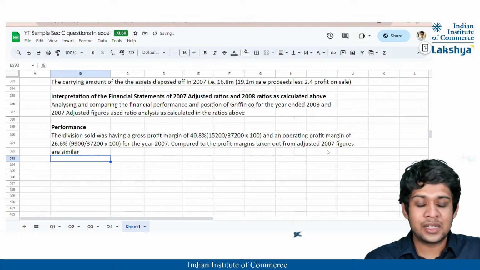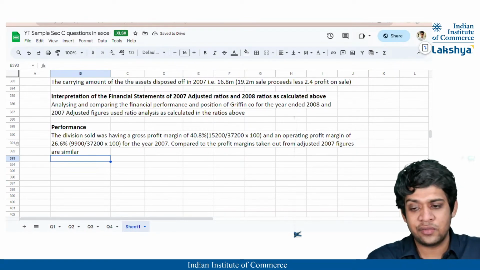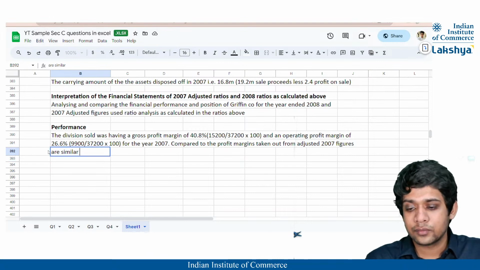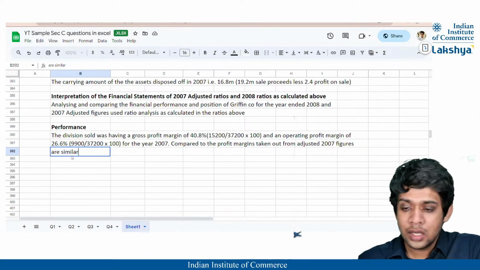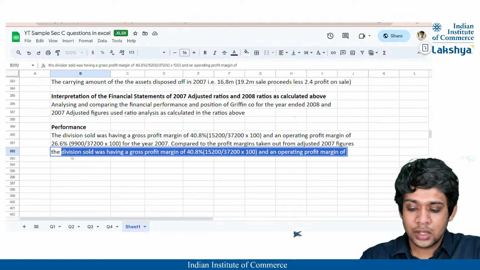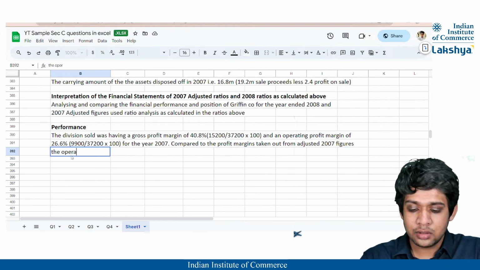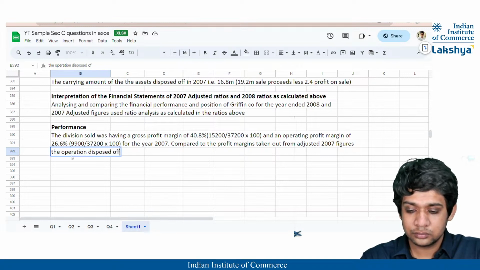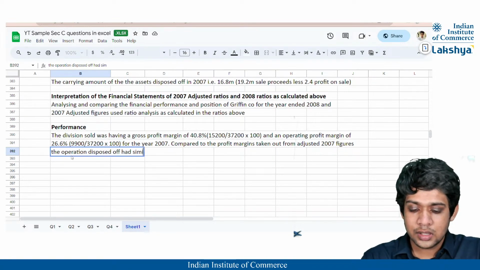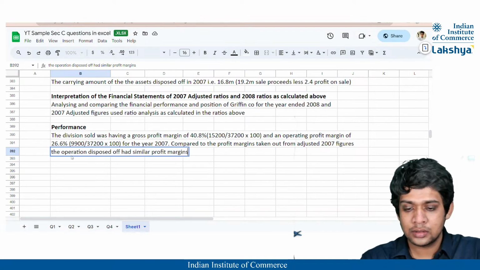So compared to the profit margins taken out from adjusted 2007 figures, the operation disposed of had similar profit margins.